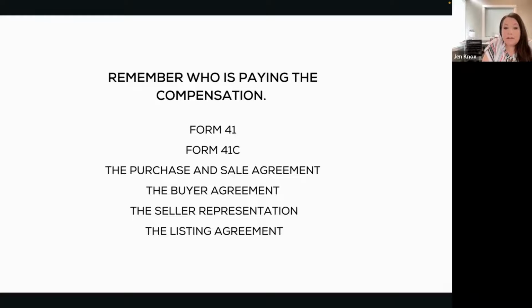We're going to look at the buyer agreement if there is one, or a seller representation agreement. And then we are again going to look at the listing agreement. So anytime you check the compensation, you need to run through this list of forms and make sure that everything matches up with what you think you're supposed to be paid.